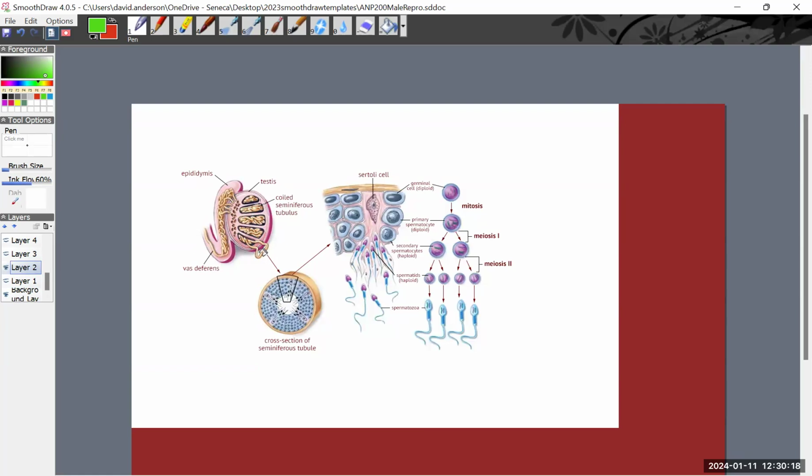Okay, so all of these hundreds to thousands of seminiferous tubules are going to collect into a system of ducts here that is called the rete testis.